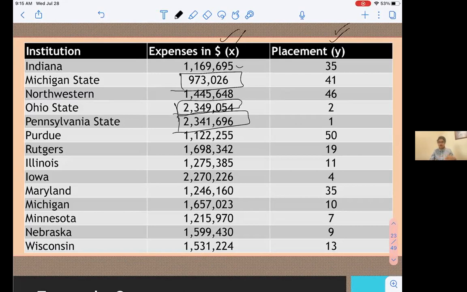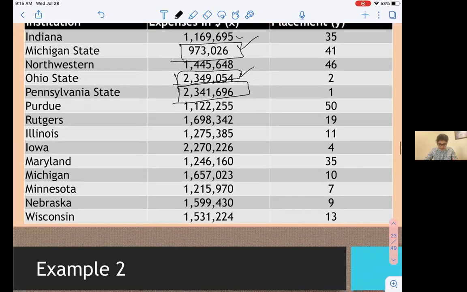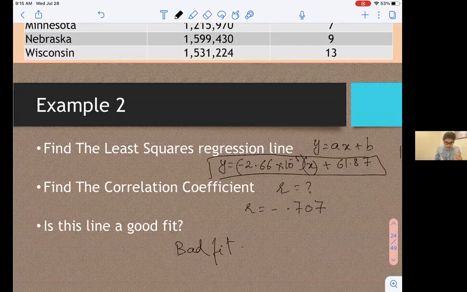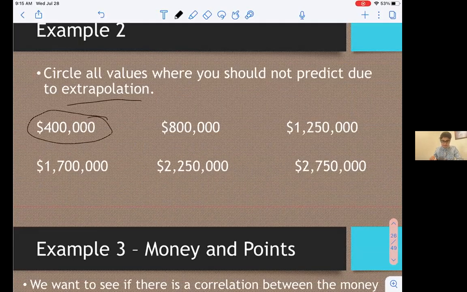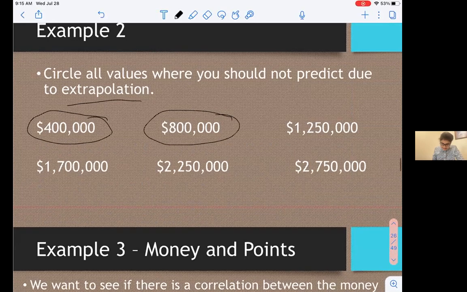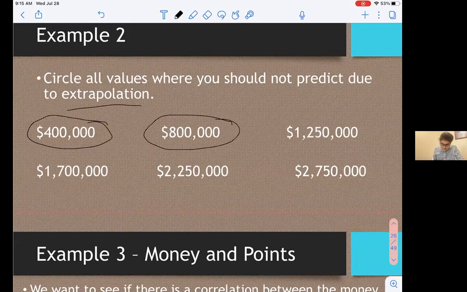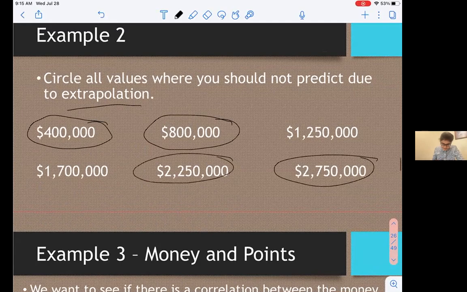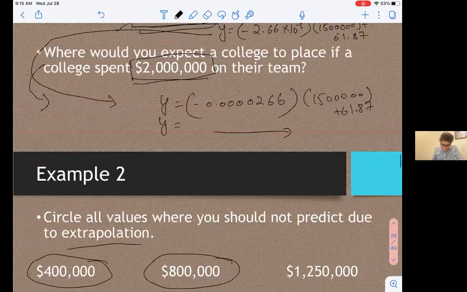So any value outside of this bound, like less than this value and greater than this value, will be our extrapolated value. So based on this information, 400,000 is the extrapolation where we should not predict the value of placement because it is outside of the bound. This is also a value where we should not predict, and this one and this one, because our maximum value is not this one.